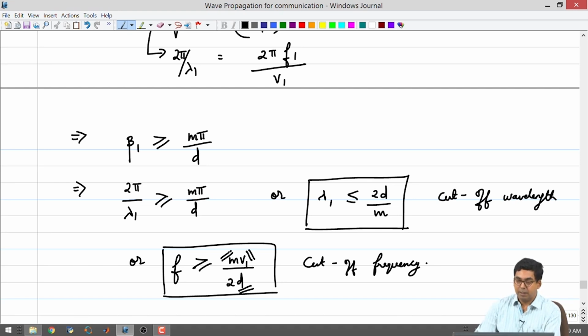What does this mean? This means that the waveguide is actually an element that in signal processing you would call a high pass filter, okay. So, you supply all frequencies, and the waveguide will transmit only frequencies above this cutoff frequency, right. So, it is a high pass filter by nature, okay. The equivalent of a high pass filter, in the case of a transmission line or in the case of optics, is going to be a simple parallel plate waveguide, right.